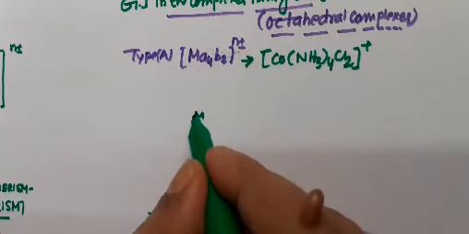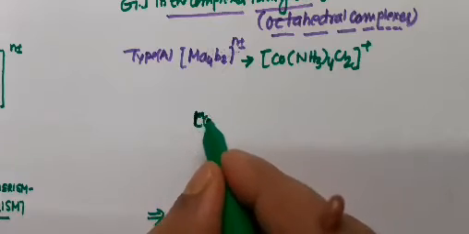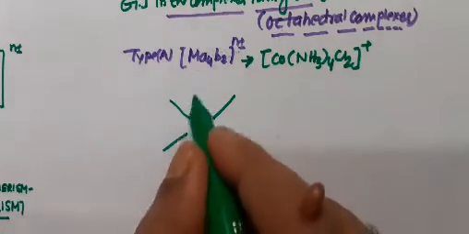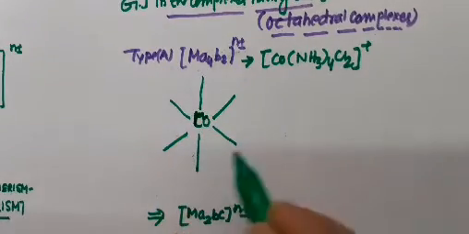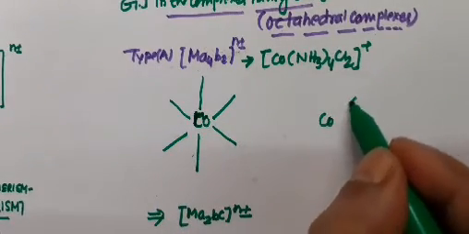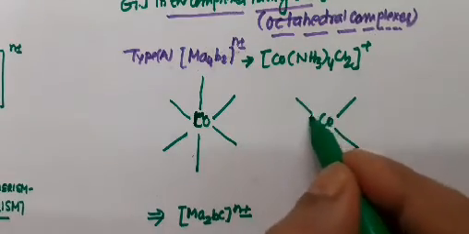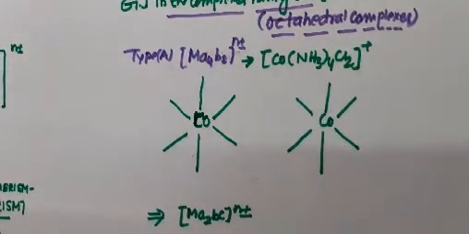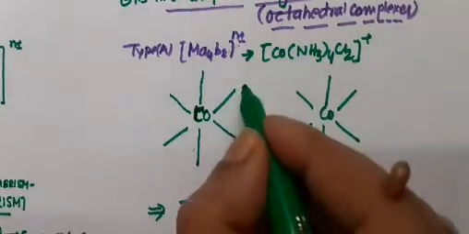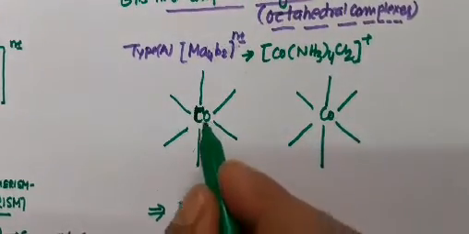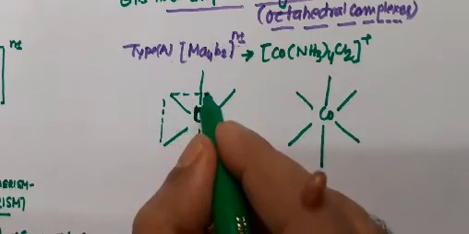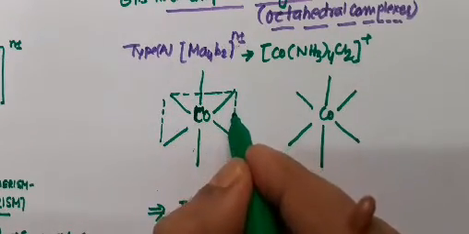At first, we must draw the geometry of octahedral complexes like this. There are two possible forms, cis and trans. So arrange all these things, and then we have the following types of structure.